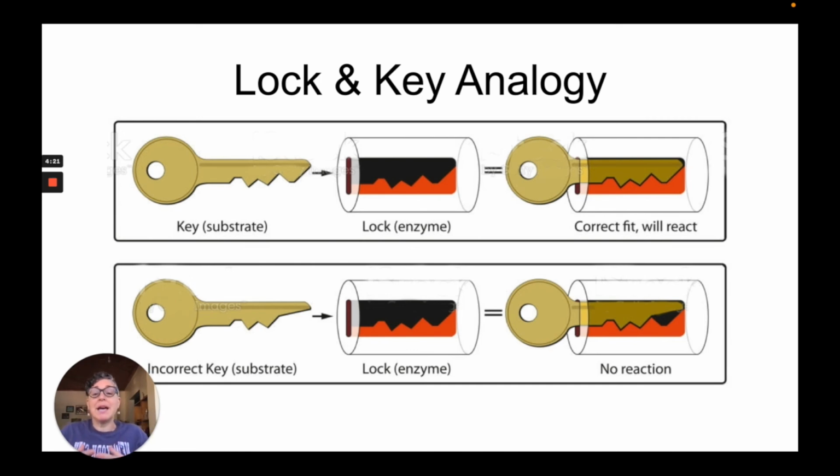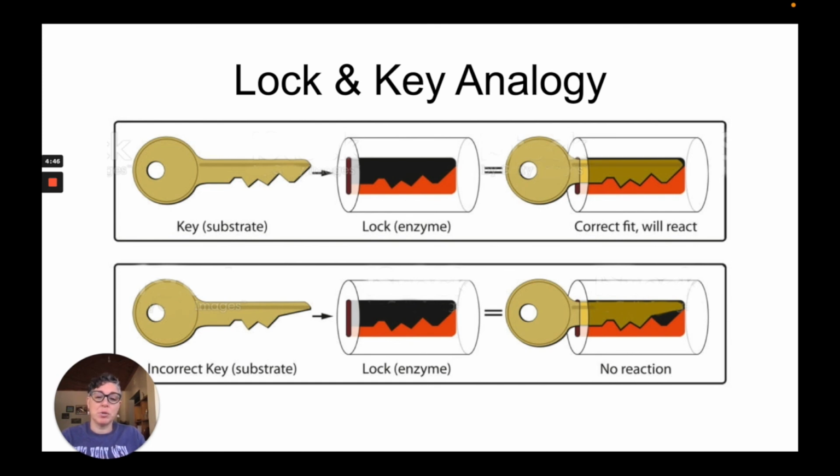If we have a key that is similar in shape, as depicted in the lower portion of this diagram, but not quite identical to the lock, then we can see in that final picture that the lock will not be able to turn because all of the points of contact of that key are not fitting in correctly with the lock. And the same is for an enzyme.